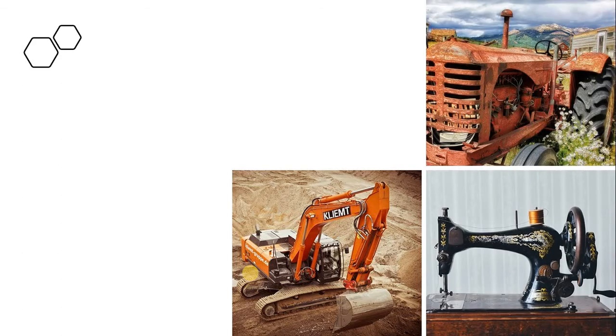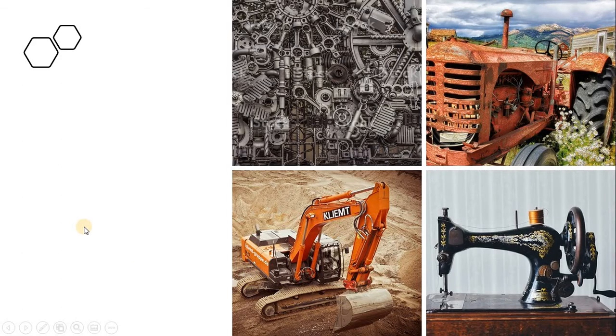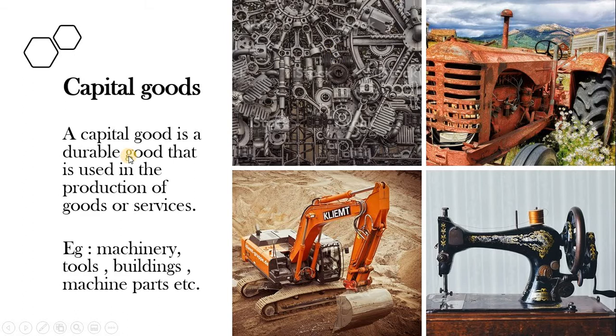These are some of the pictures that you might have seen in your previous class. What comes to your mind when you see all this? What is the commonality? These are all used to produce something else. They are used not as a final product. They are used for something else. For agricultural activity, there are tools, for various manufacturing activity.